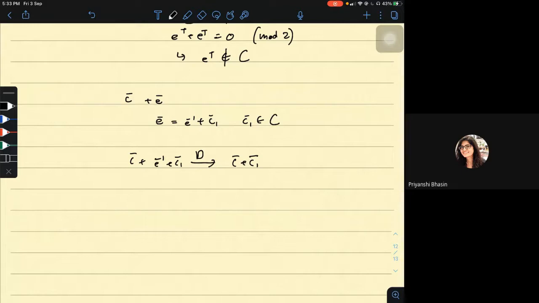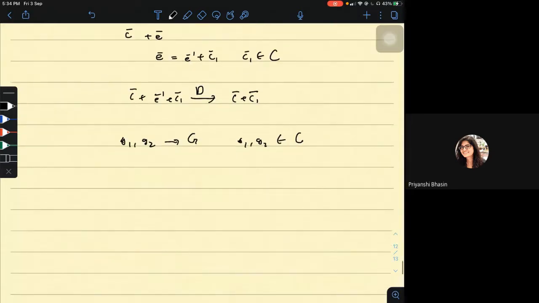Say I take the basis of the code, G1 and G2, which are rows of the generator matrix G, and G1 and G2 belong to the code space C. I try to determine the weight of G1 minus G2, and I try to maximize this for all possible combinations of Gs.